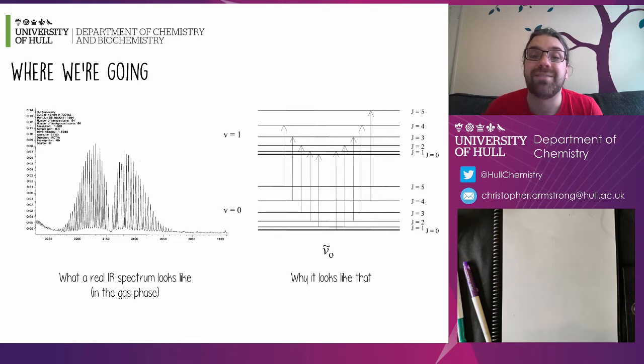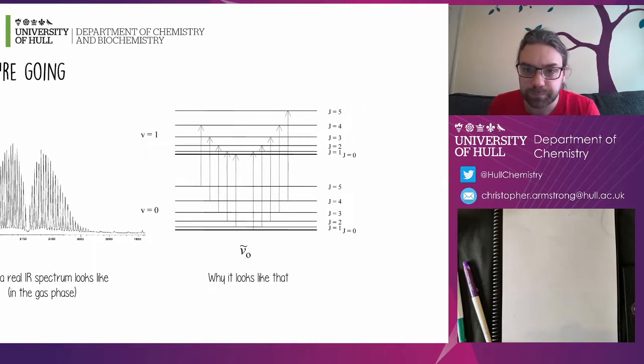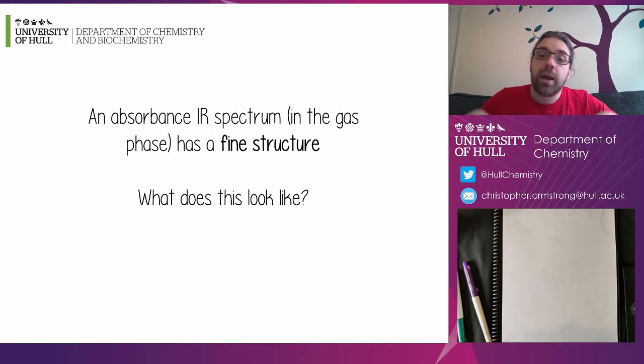We're going to look at fine structure, and it's caused by that diagram you can see on the right. If you could very quickly unpack that diagram and see what's going on, you can probably understand this topic. If not, we'll go through it in a little bit more detail. So an absorbance IR spectrum in the gas phase has a fine structure.